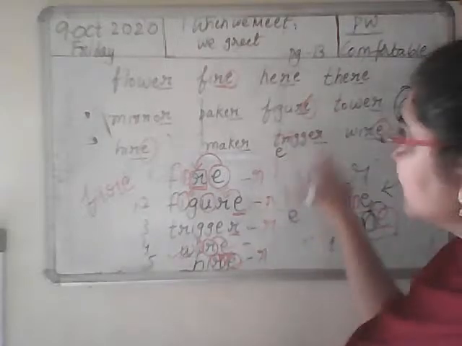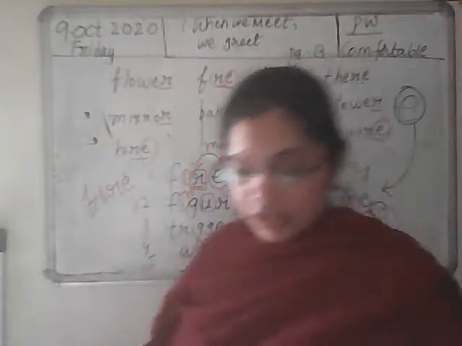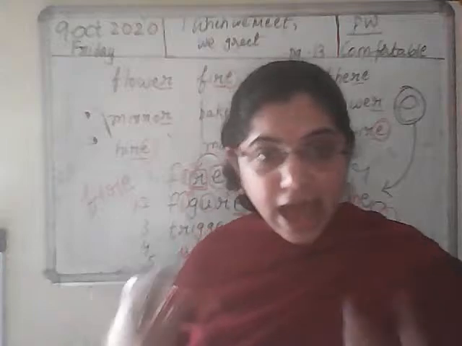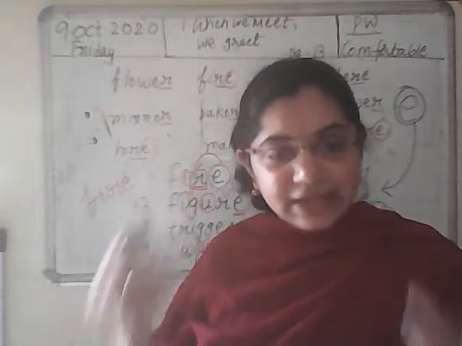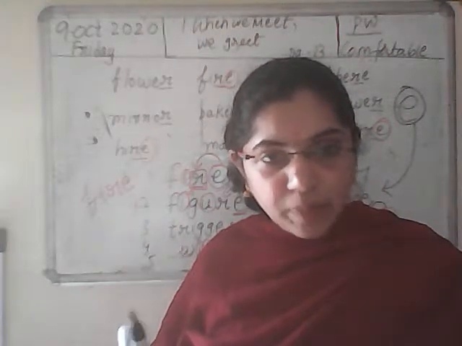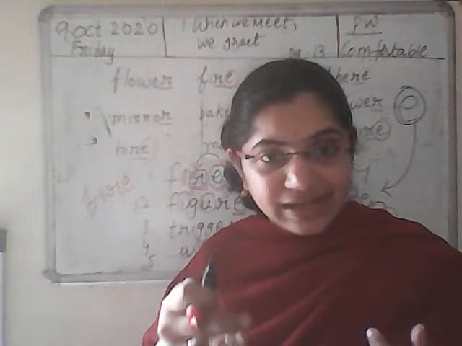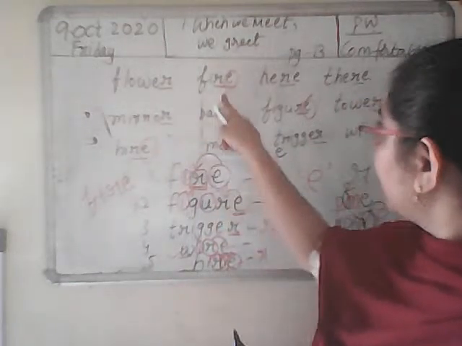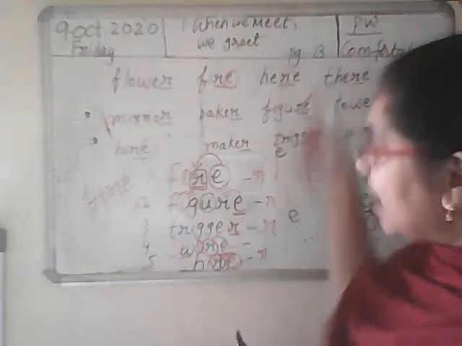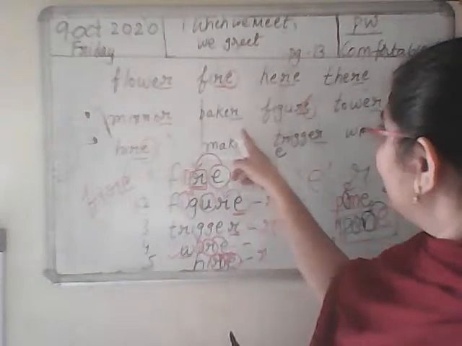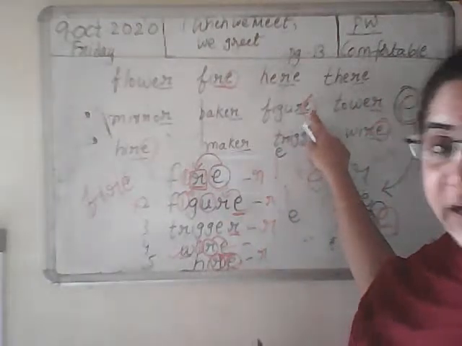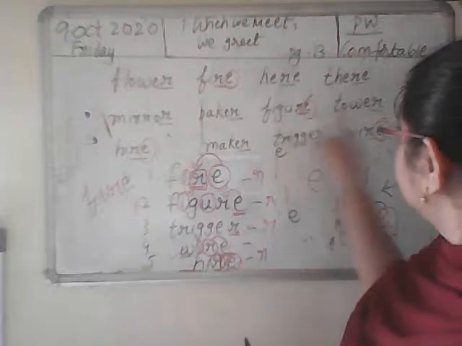So this is about the words that have E at the last, but they stop one letter before E, that is R. Flower, fire, here, there, mirror, baker, figure. See, E is there, still we say figure.